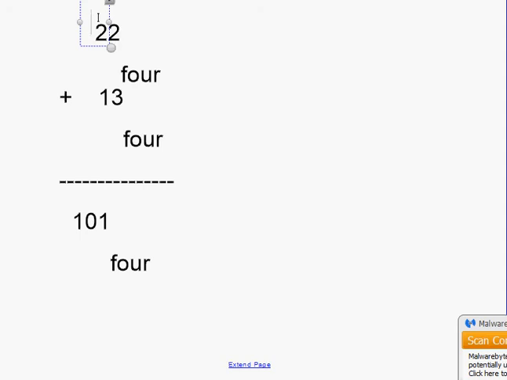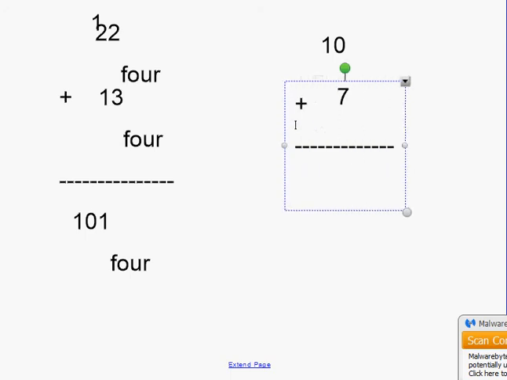Whereas if we do subtraction, suppose we have 2 1 base 4, and we are subtracting 1 3 base 4. This would give us 2 base 4.